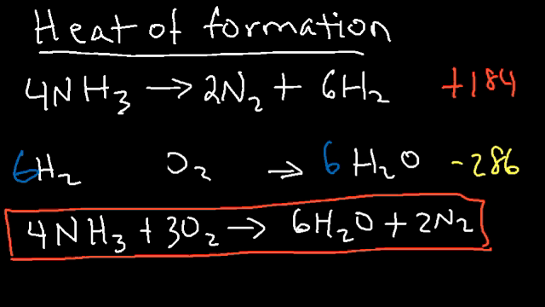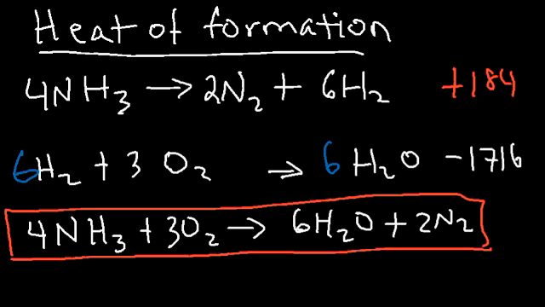So this is going to be 3O2. So now we've got to multiply negative 286 by 6, which this time I'm going to use a calculator. And that's negative 1716. So let's get rid of this, and let's put that here.